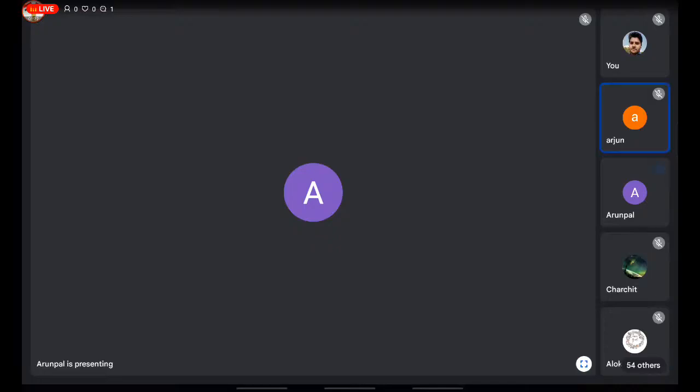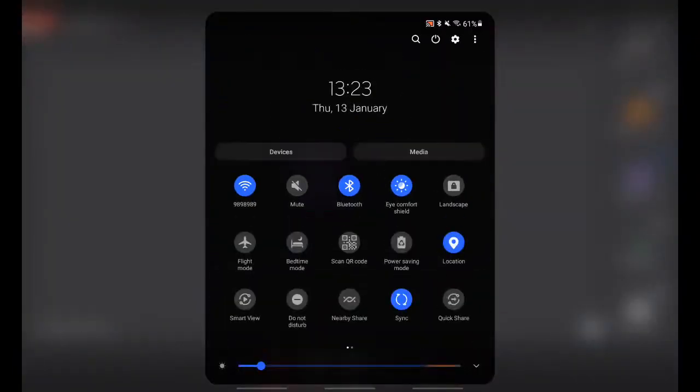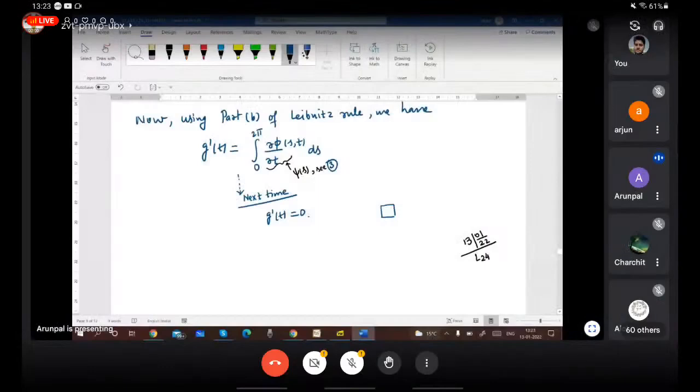So class, we left at this point, and if you recall from our yesterday's discussion, our aim is to show that this G, which we define like this, is constant. I explained to you yesterday that once we have shown that this G is constant, then... so now let's start computing G dash t.